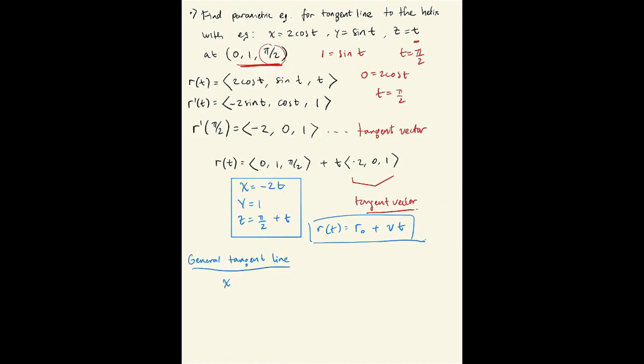You can write x is -2. So in general, in any terms of t, this is just a general term in any t. This is the initial, right? This part is initial.